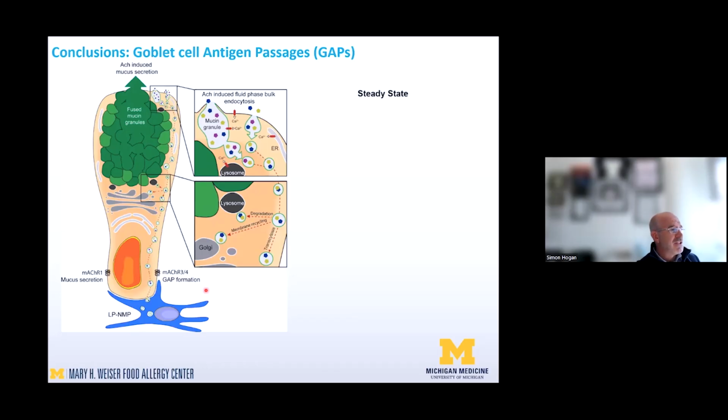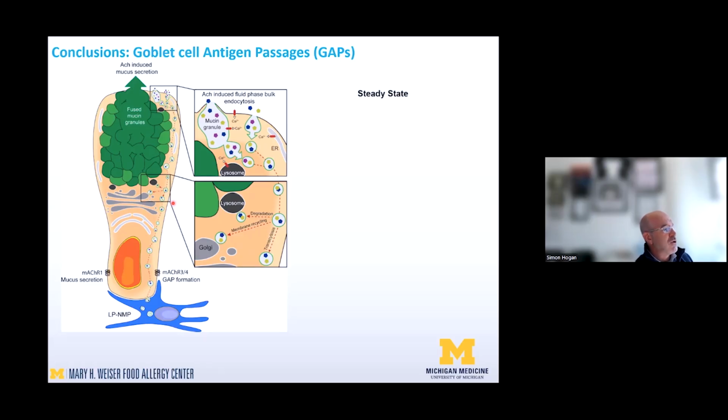Over the last probably 5 to 10 years, there's been a lot of interest in these goblet cell antigen passages, and what's been revealed primarily by the Newberry group is that these goblet cells, when they secrete the mucins, have the capacity to, at the same time, take up the antigens through a fluid phase bulk endocytosis process that indiscriminately takes up luminal antigens and then shunts the antigens from the apical membrane of the cell down to the basolateral membrane of the cell.